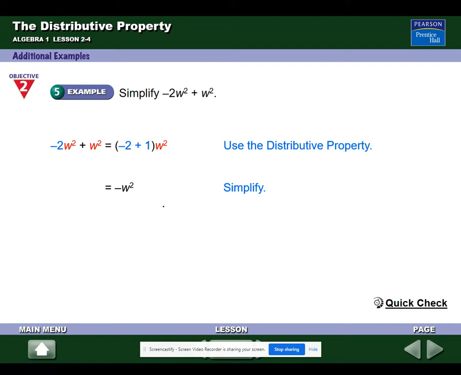Now negative 2 plus 1 is negative 1, so they're getting negative w squared. But really, I would say just treat them like objects. You have negative 2 w squared, like you're in the hole, like you're in debt. Negative 2 w squareds. And just treat w squared like it's an object. You're adding back one of them. If I have negative 2 of something, and I add 1 back, now I have negative 1 of that thing.